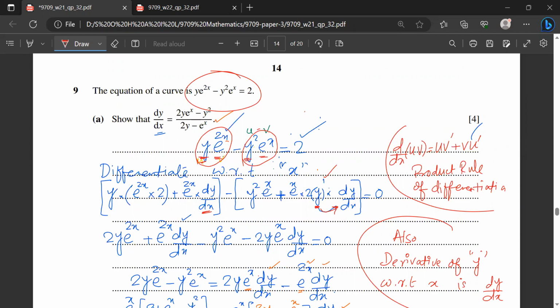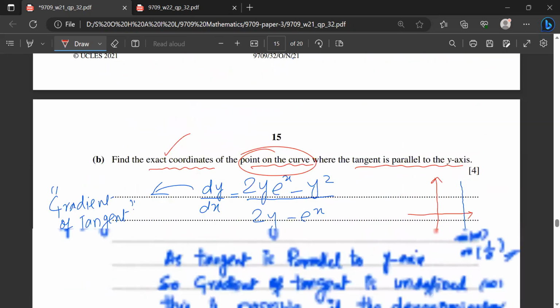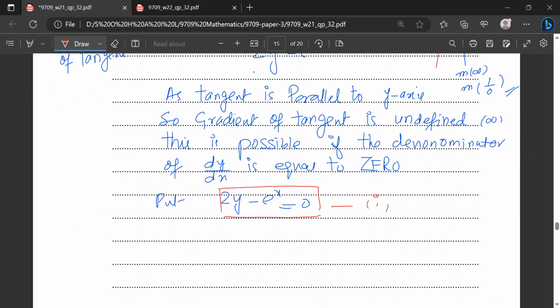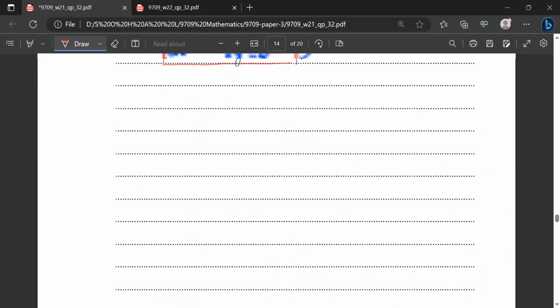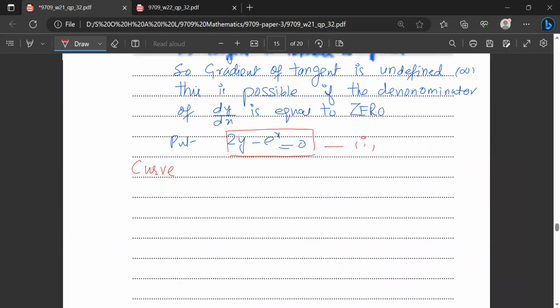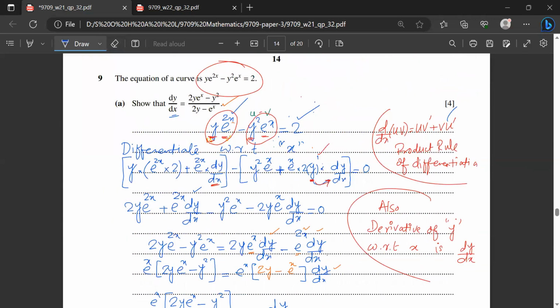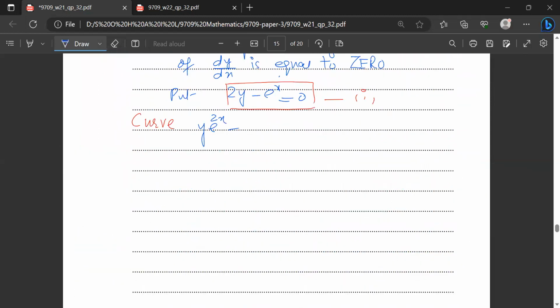So this is one equation, and the curve equation is y e power 2x minus y square e power x equals to 2.